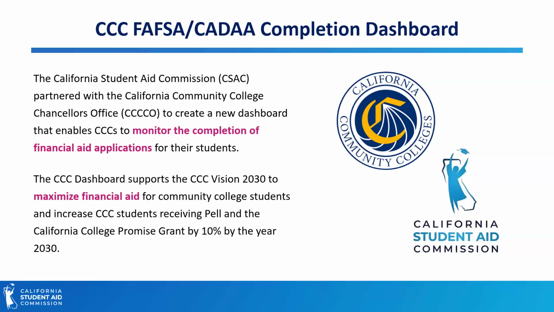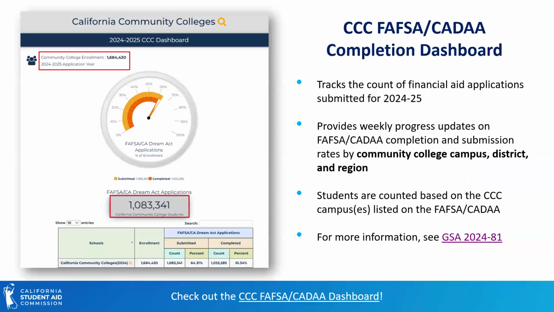This tool supports the California Community College's Vision 2030 to maximize financial aid for community college students and to increase the number of students receiving Pell and the California Promise Grant by 10% by the year 2030. We are very proud to announce this brand new tool.